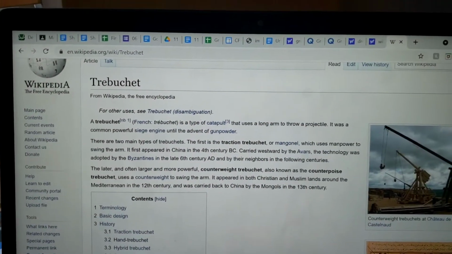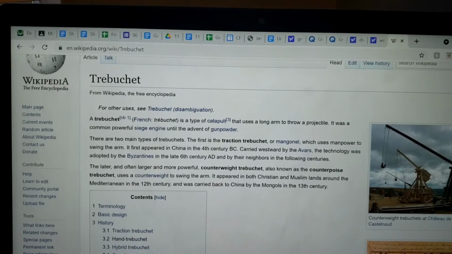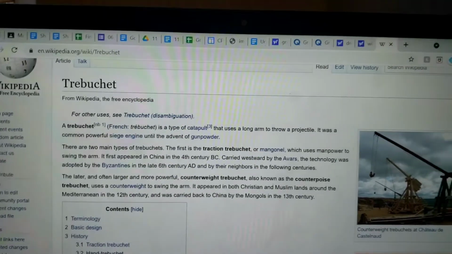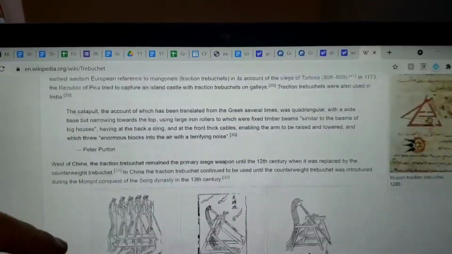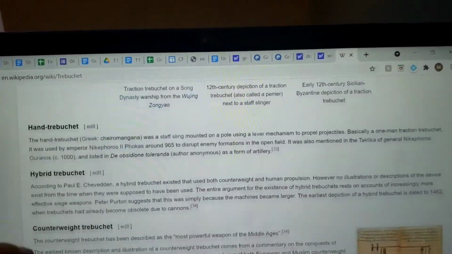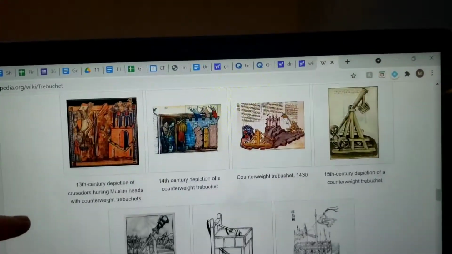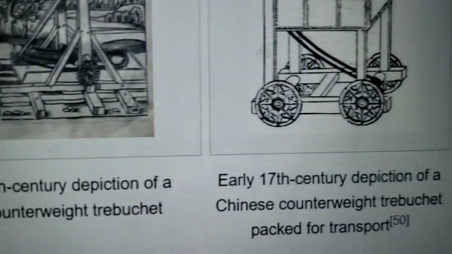Today I will be teaching you how to build and the physics behind the counterweight trebuchet. And here are some examples of counterweight trebuchets, pictures from the Middle Ages.